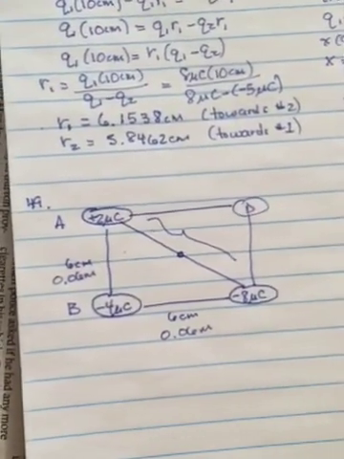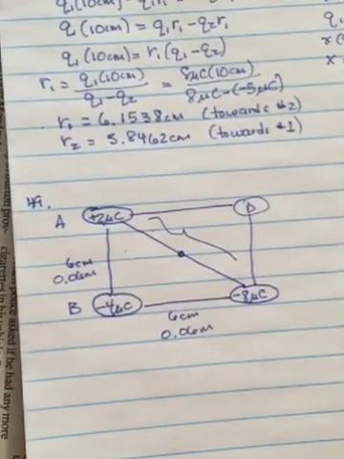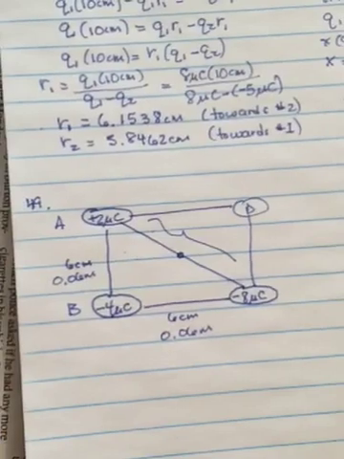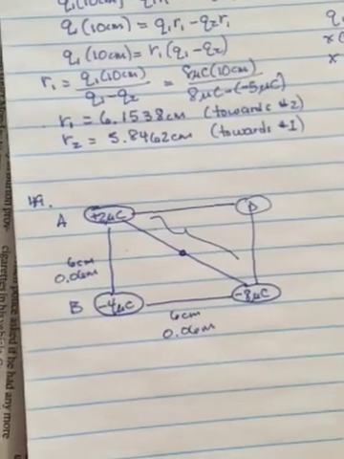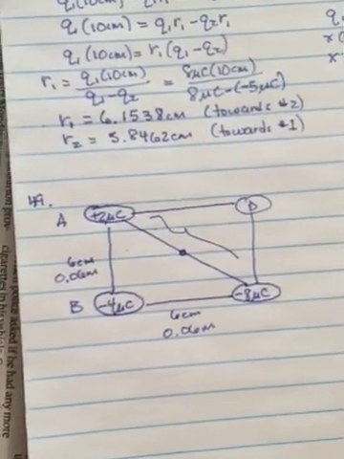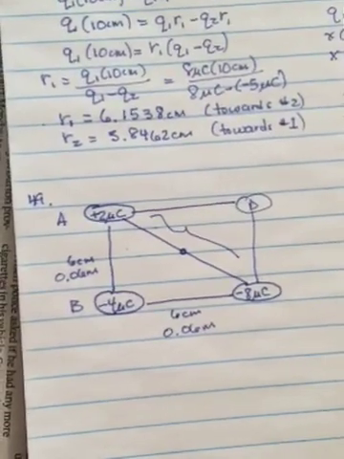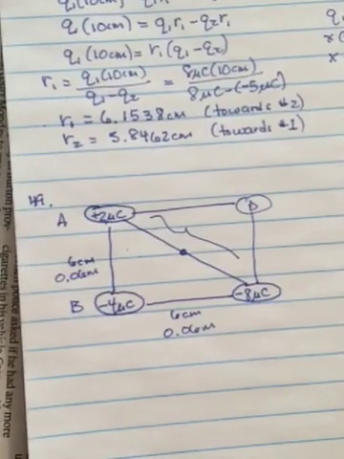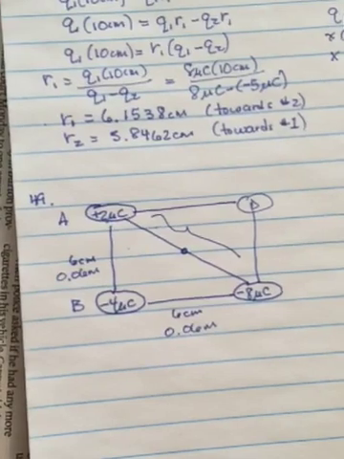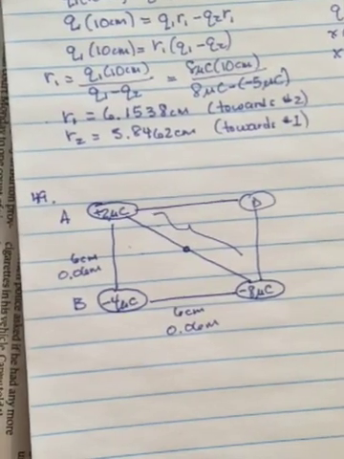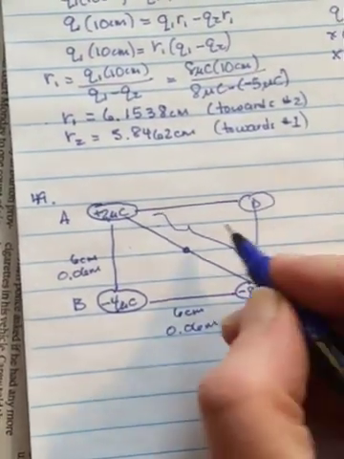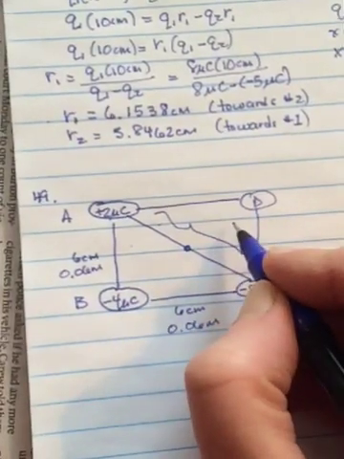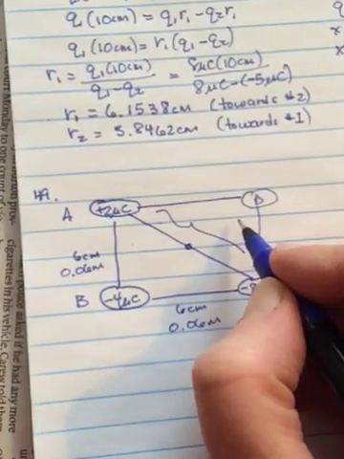So if you do 0.06 squared, and that should be 0.0036, multiply it by 2, take the square root, and then you'll get this whole length.